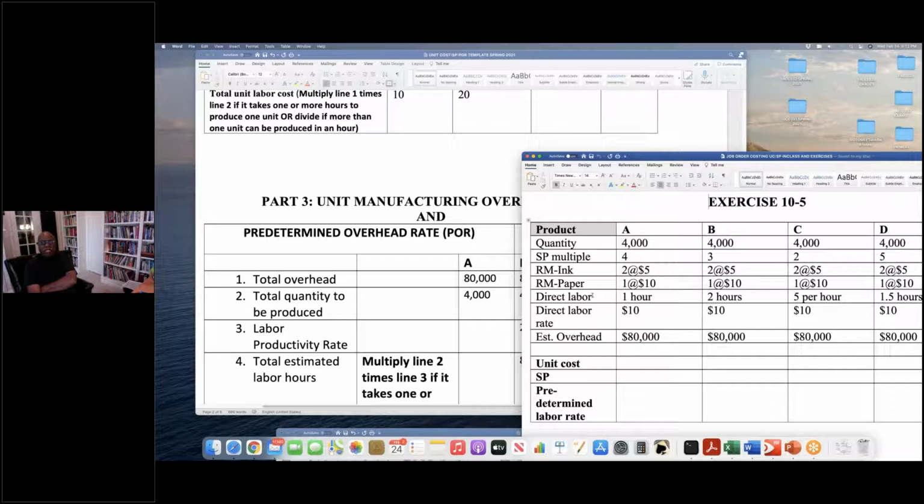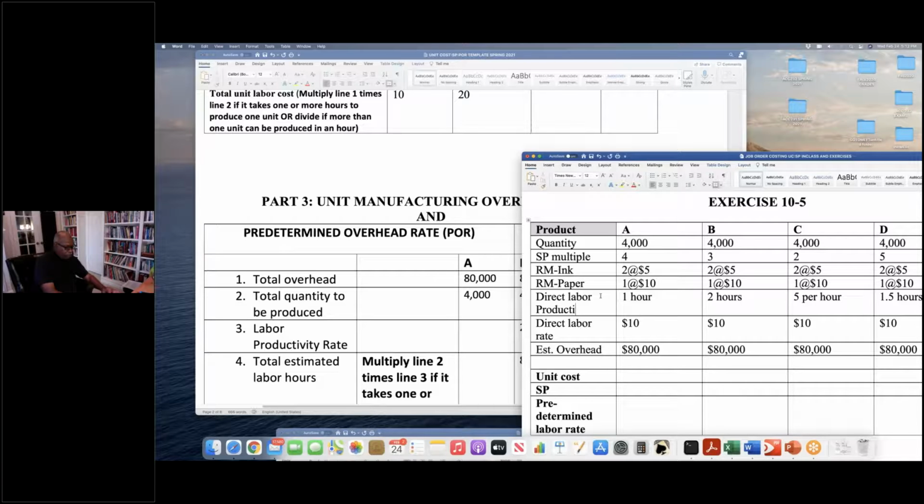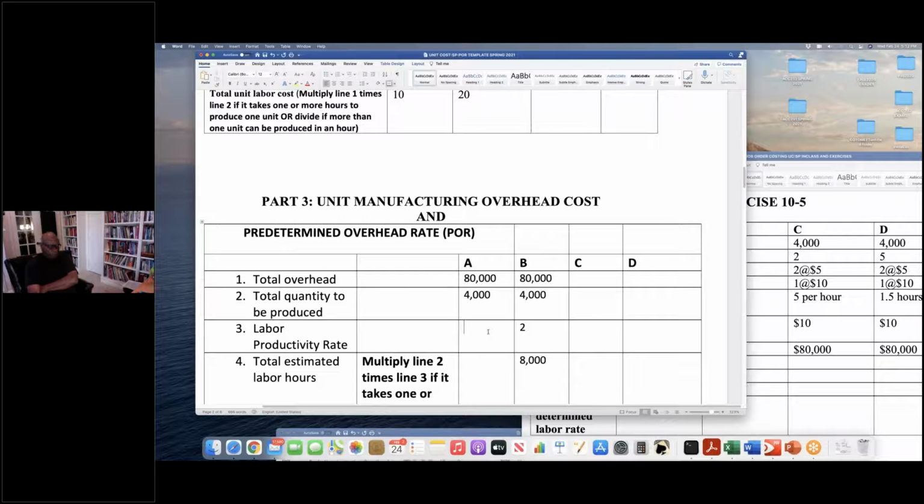So this is direct labor. Maybe I should just put the productivity in here. So the direct labor productivity is 1 hour.